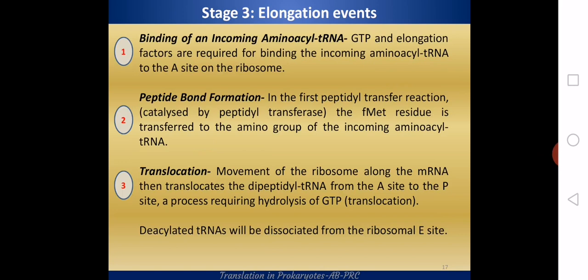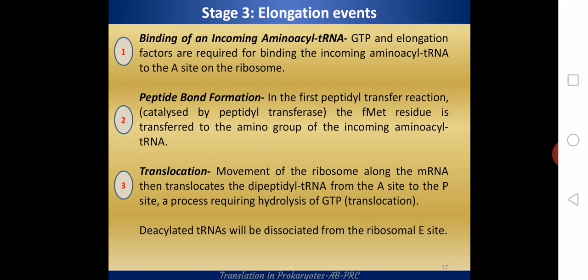Then the third one is the translocation. This is the movement of the ribosome along the mRNA. As a result, the dipeptidyl tRNA at the A site will be shifted to the P site. Clear? So along with that, one more thing will be happening.